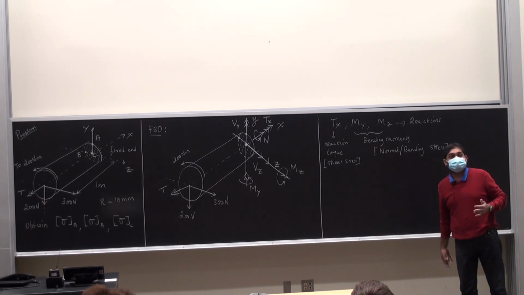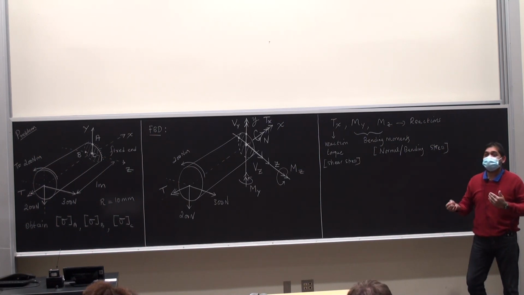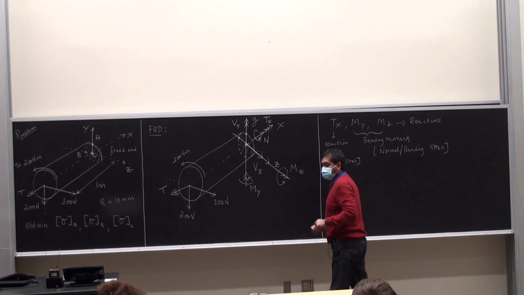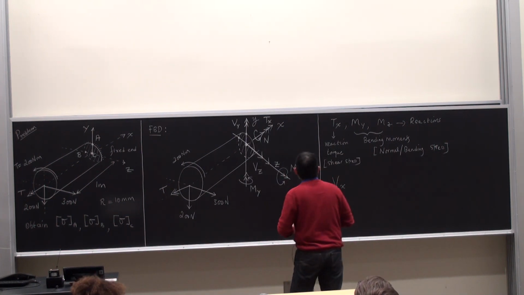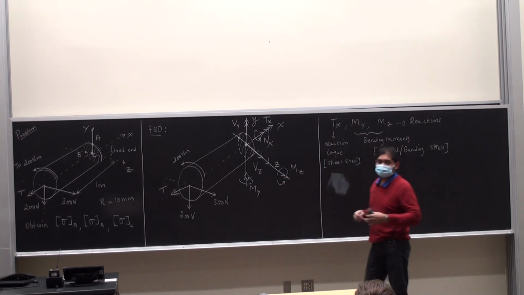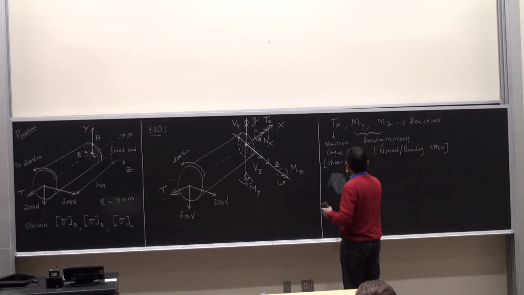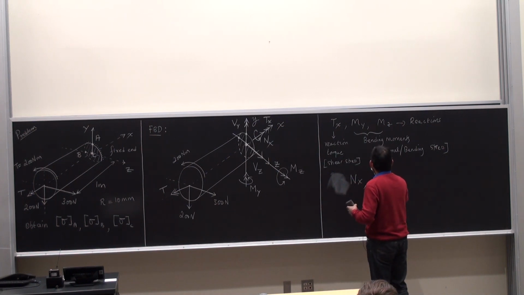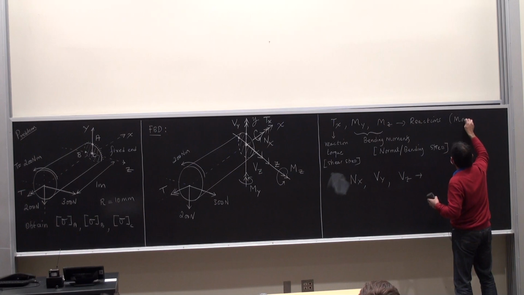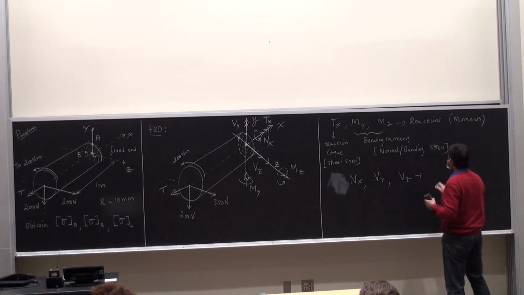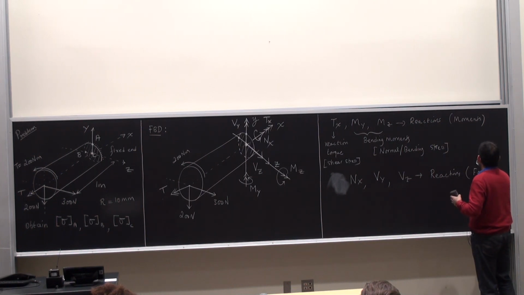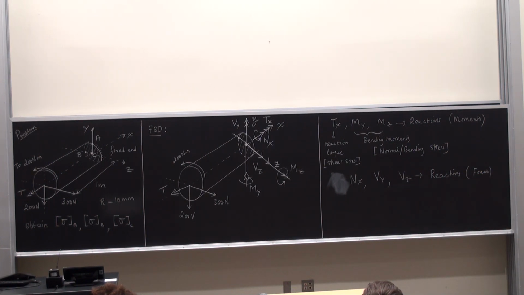I'm just listing all these things out, and I'm doing this elaborately for this one particular problem. Next class I won't be doing this. Let's call these Nx, because it's pointed along the x-axis, Vy, Vz. These are the reaction forces.